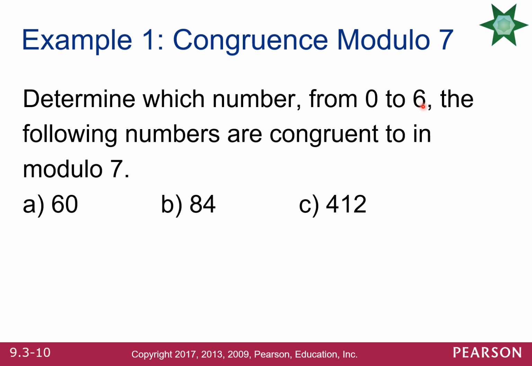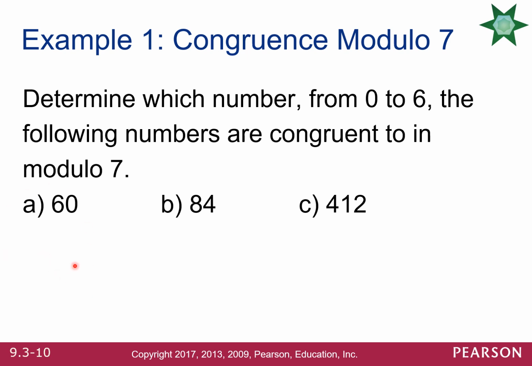So all the answers should be within the range of 0 to 6. What we need to do first is take each of these numbers, divide by 7, and look at the value of the remainder.